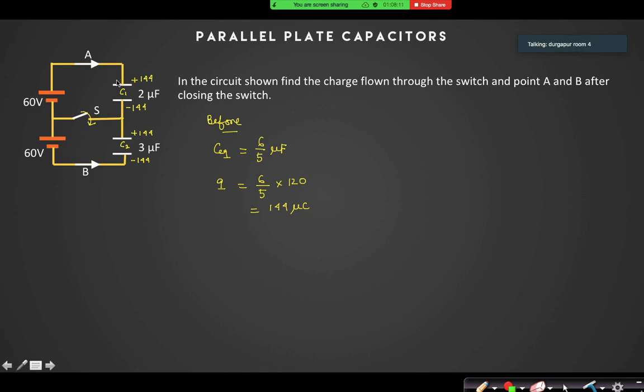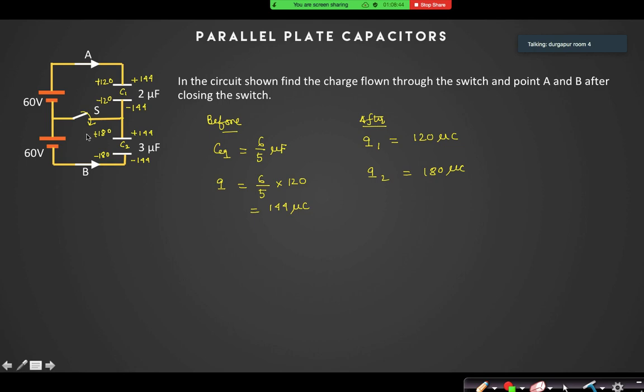So if the individual potential is 60 volt, then again by using Q equals C V, after closing that switch, I can say that Q1 will be 120 microcoulomb and Q2 will be 180 microcoulomb. Yes or no? So that will be now plus 120, minus 120, and plus 180, minus 180.